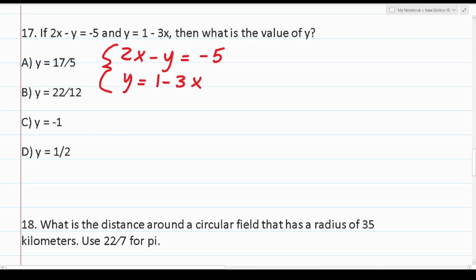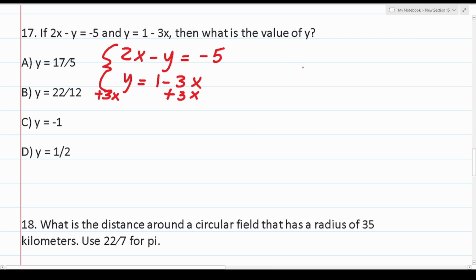That said, we can see that this first equation says 2x minus y equals some constant, whereas we have y equals 1 minus 3x. The very first thing I want to do is rewrite this bottom equation such that it mirrors the form of this first equation. That is to say, I want x's and y's on one side and whole numbers on the other side. So I'm going to take this 3x and just add it to both sides here.